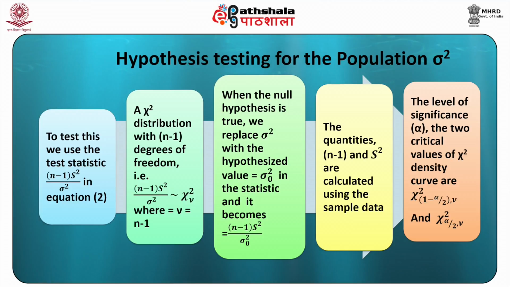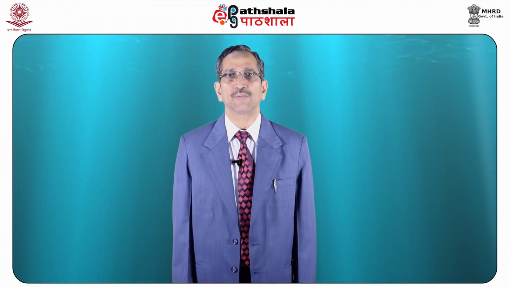So, given the level of significance alpha, the two critical values of chi-square density curve could be calculated as chi-square 1 minus alpha by 2 for degrees of freedom nu and chi-square alpha by 2 for degrees of freedom nu. Now, if the calculated test statistic lies within these two limits, we fail to reject the null hypothesis.